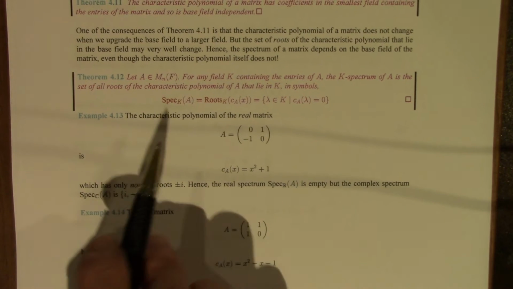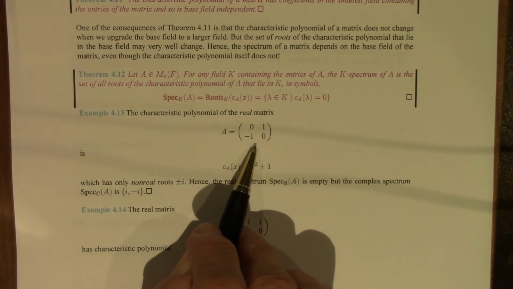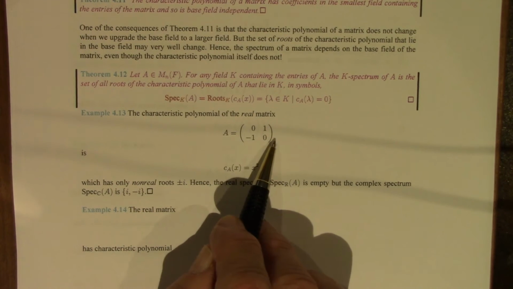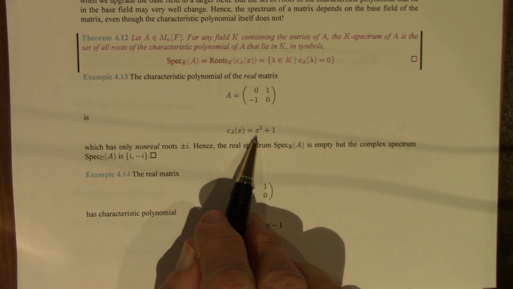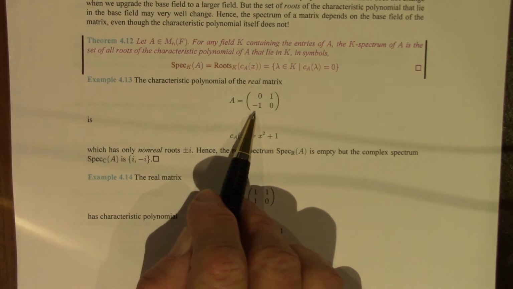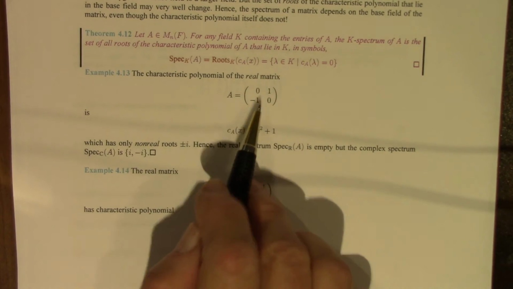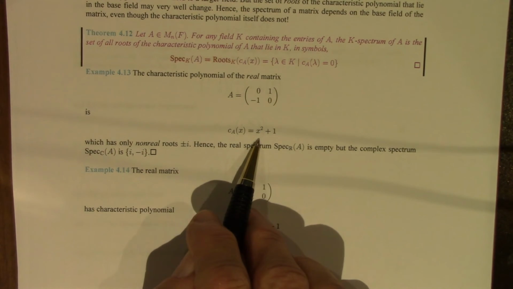Examples. The characteristic polynomial of the real matrix A is this, x squared plus 1. I could have said this was a rational matrix, same characteristic polynomial. Could have said it's a complex matrix, same characteristic polynomial.